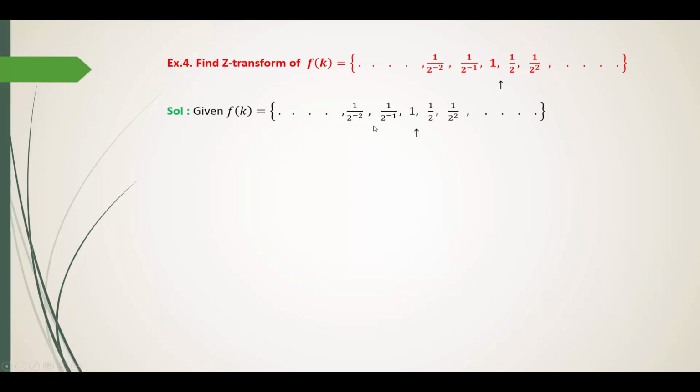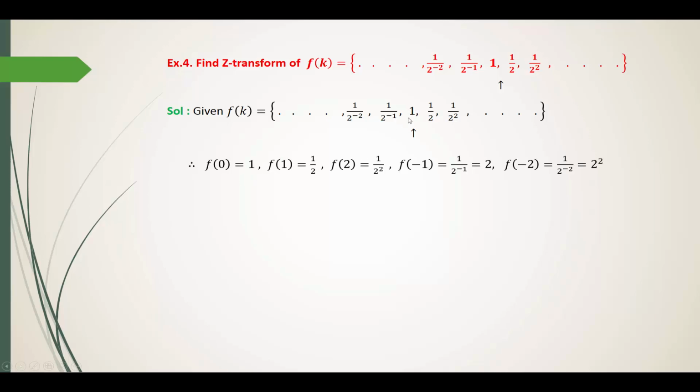Given the sequence, solution: given sequence f of k is equal to dot dot dot 1 upon 2 to the power minus 2, 1 upon 2 to the power minus 1, 1, 1 half, 1 upon 2 square, dot dot dot up to infinity. The arrow here means this is the value of function at k equal to 0, meaning this is the value of f of 0.